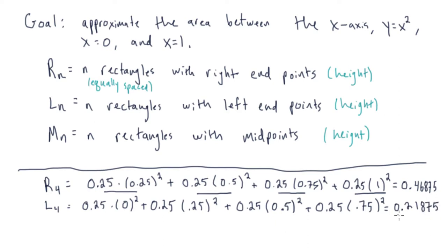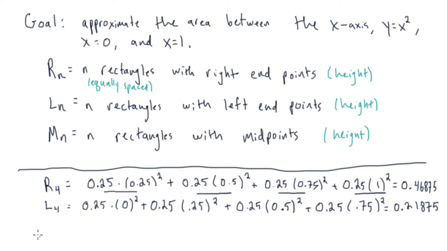Okay, so we get a lower estimate of the area. And so actually from the picture, we can see that our R4 is going to be an overestimate, right? The rectangles hang over, whereas L4 is going to be an underestimate, because if you draw in the rectangles using the left endpoint, you'll be underneath the area.